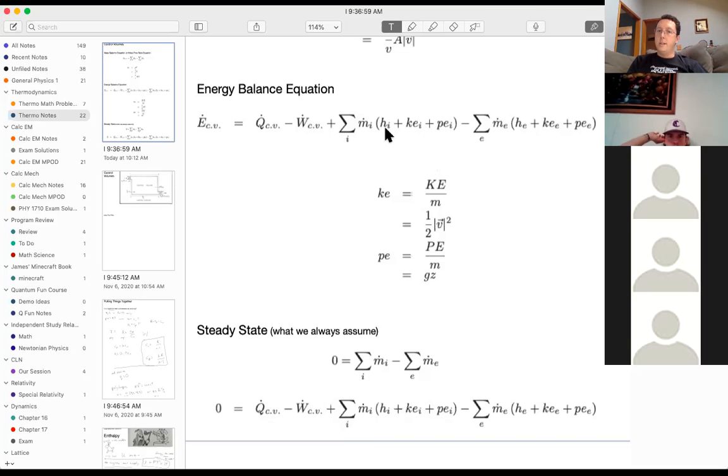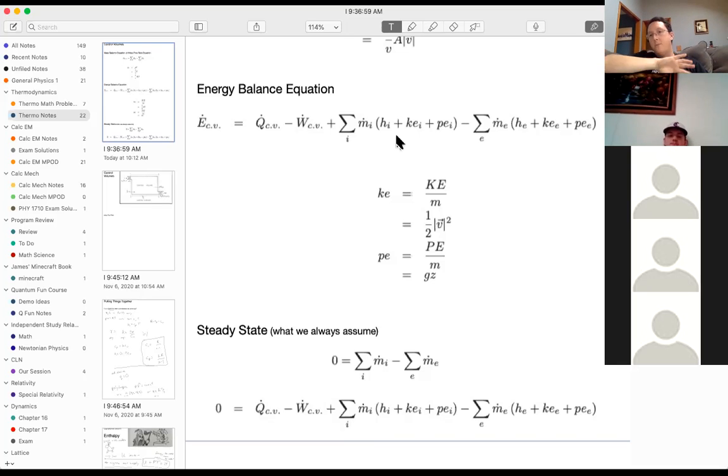And then you'll notice here, we're using enthalpies all the time. Can somebody tell me why we're using enthalpy and not internal energy there? What's the difference between enthalpy and internal energy? The difference between enthalpy and internal energy is PV, that extra energy needed to make room for things.